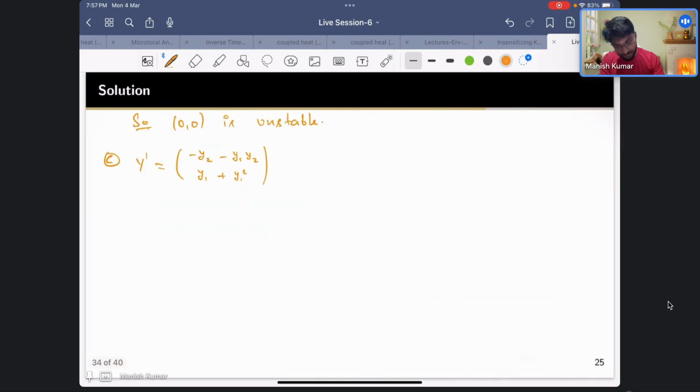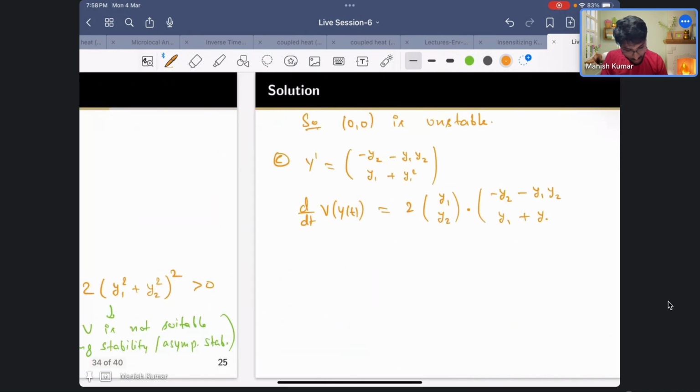Now here again, if we look at the derivative, d/dt of V(y(t)), this is grad V, which is 2 y1 y2, and this is minus y2 minus y1 y2, y1 plus, is it y1 square?